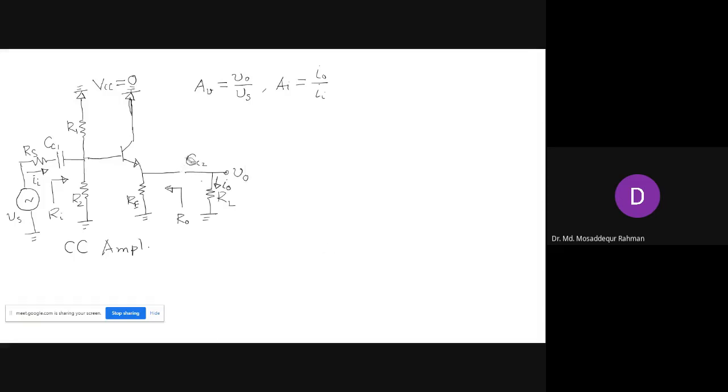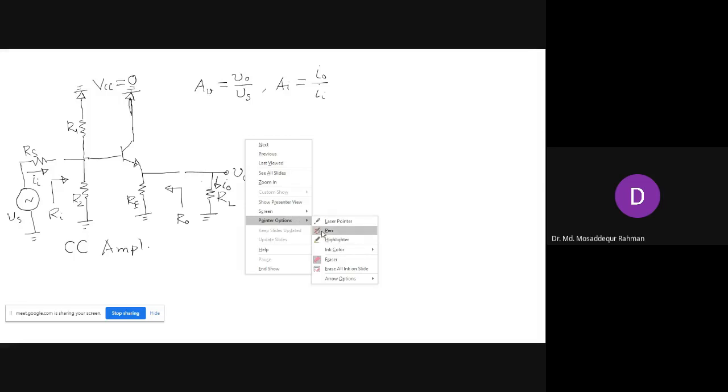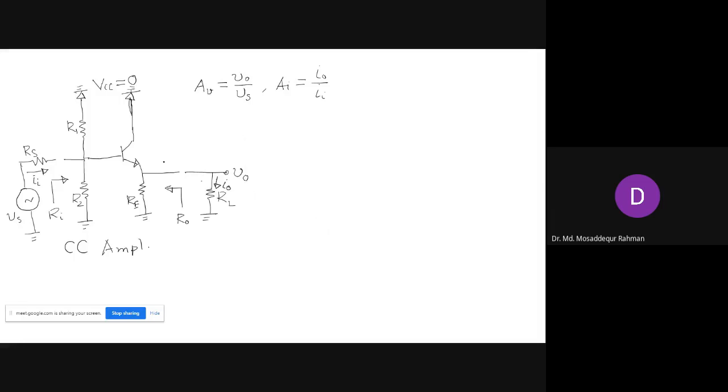So we remove these capacitors. Okay, so the circuit is ready to analyze because we don't have DC quantities.